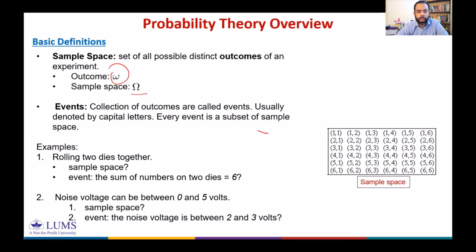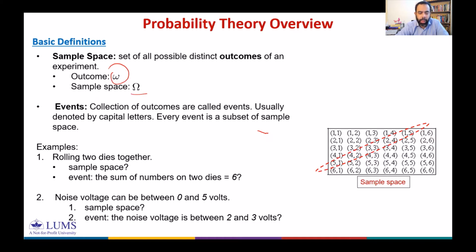What are the outcomes associated with this event? All of these outcomes correspond to the event when the sum of numbers on two dice is equal to 6.